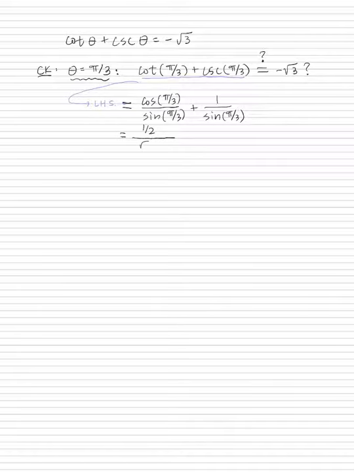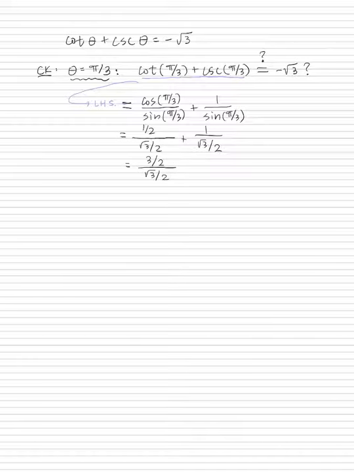Sine of pi over 3 is root 3 over 2. And here you're going to have 1 over root 3 over 2. So it looks like we're going to have what? 3 over 2 divided by root 3 over 2. All I did was add the numerators together and keep the denominator as a common denominator.